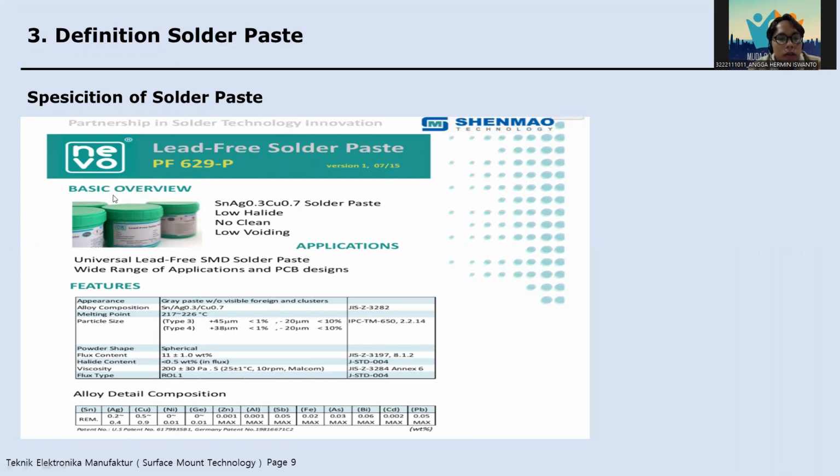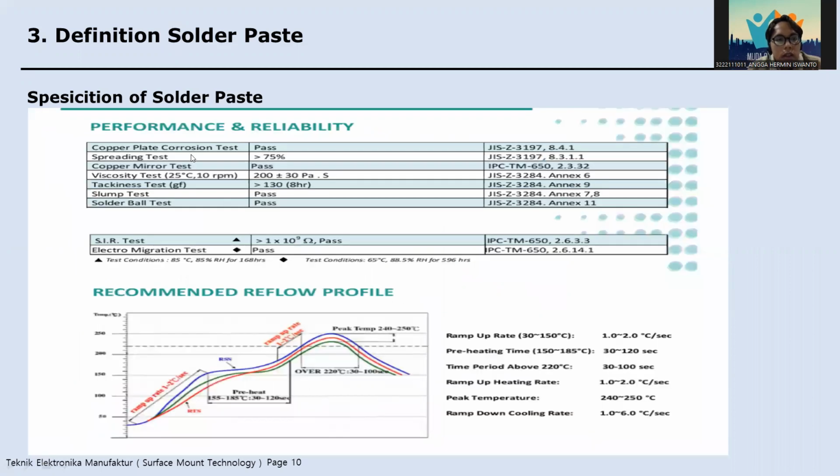There is a basic overview of the solder paste, the application, and the features, which contain the appearance, alloy composition, melting point, particle size, powder shape, flux content, halide content, viscosity, flux type, and the detailed alloy composition. And this is the performance and reliability. This is the recommended flow profile.